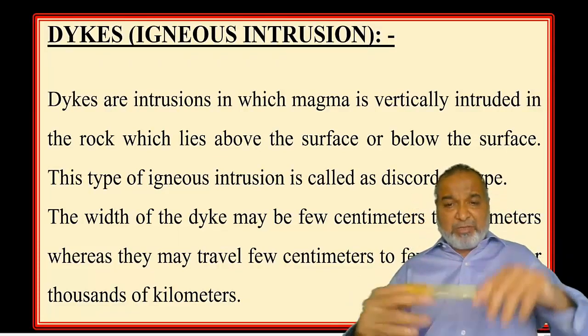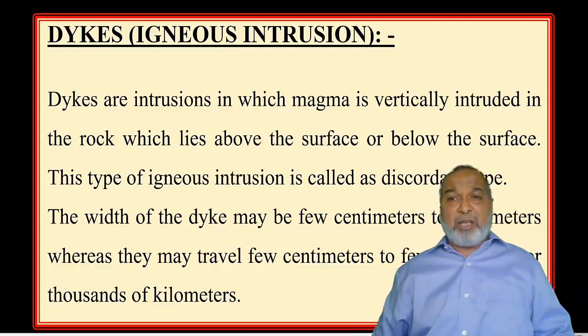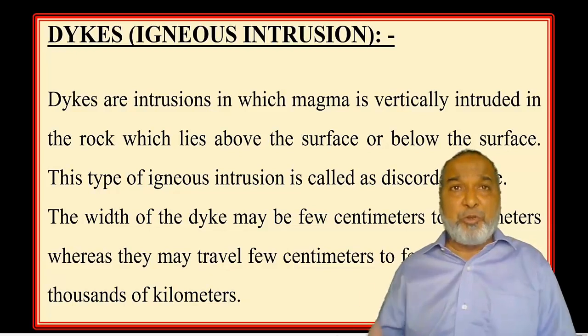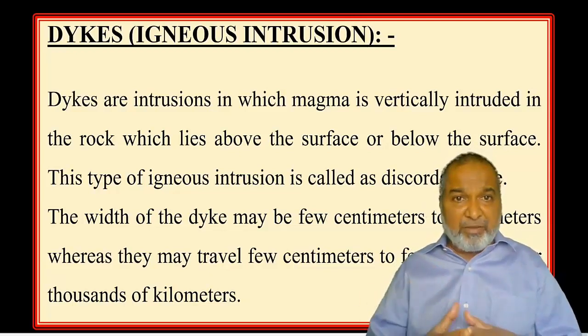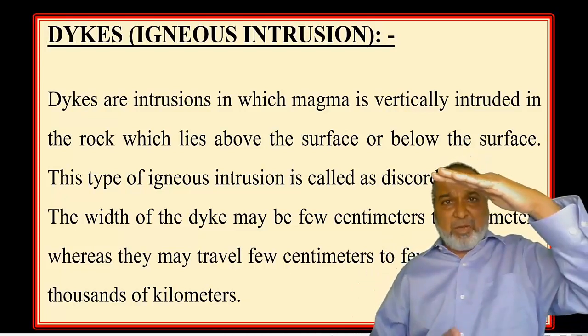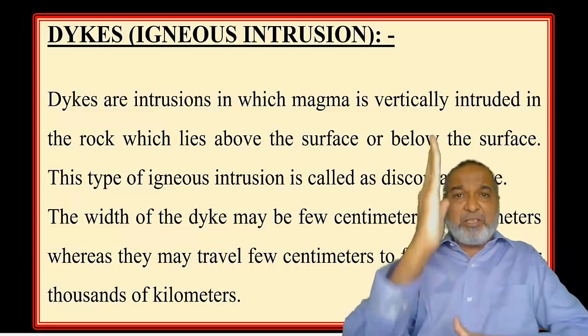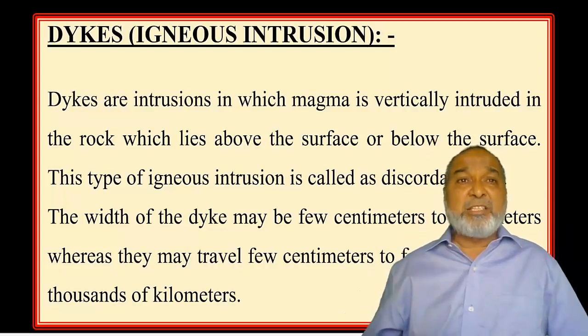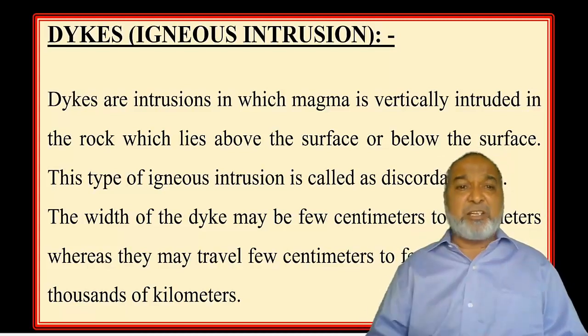Say this rock is there, it has been cut down by a pipe-like structure which is coming out, and this type of intrusion, igneous intrusion, is called the discordant type. This is called a discordant type, where the magma has completely intruded the country rock, and in which it has been erupted. Then this is called discordant, and that discordant vertical pipe-like structure will be there.